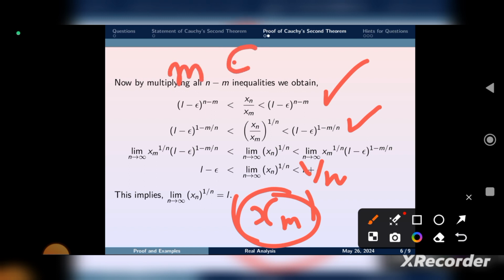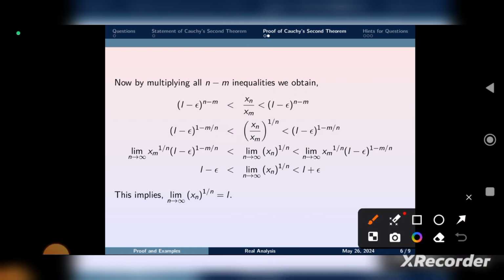So corresponding to each epsilon there exists a fixed m. So xm is a fixed positive number, so we can multiply this inequality throughout. So we will get xm raised to power 1 by n times L minus epsilon raised to this power, and take the limit as n tends to infinity.